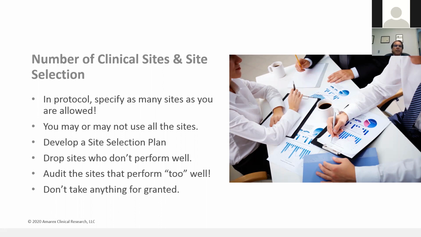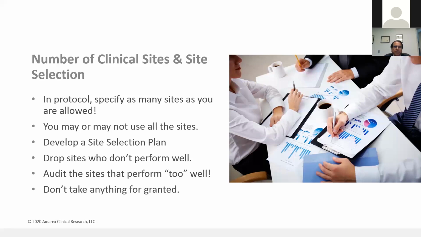Sometimes a site claims that they can bring, I'm throwing a number, 5 patients per month, but when they start, they may not bring even one patient after 3 months. You may want to drop those sites if you can, but you should have a plan. How many sites you are going to have and how you are going to choose your sites.